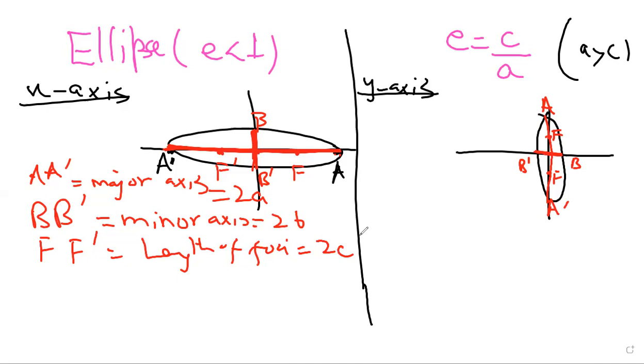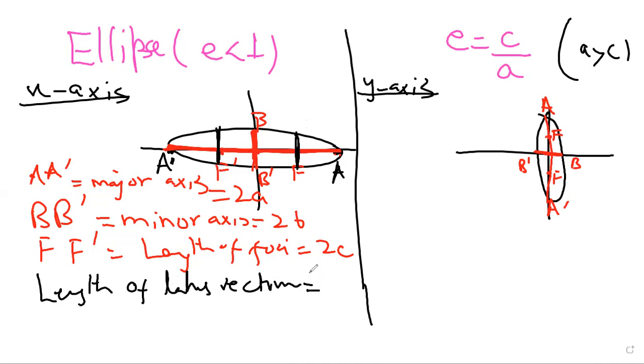Now, need to understand a line which is passing through foci. It's called length of the latus rectum, whose mathematical value will be equal to 2B square upon A. Eccentricity, as I have already explained, E is less than 1.